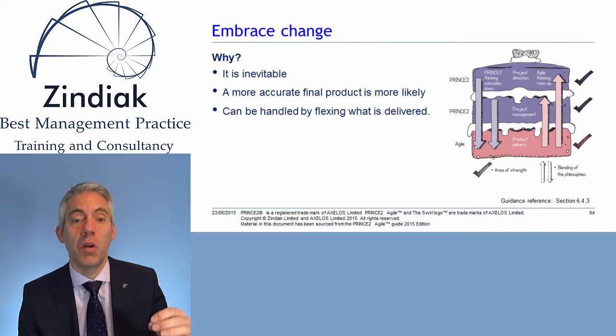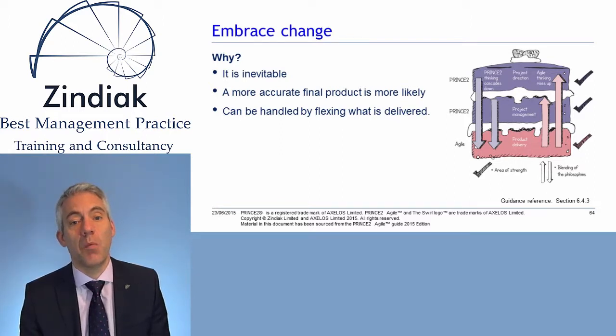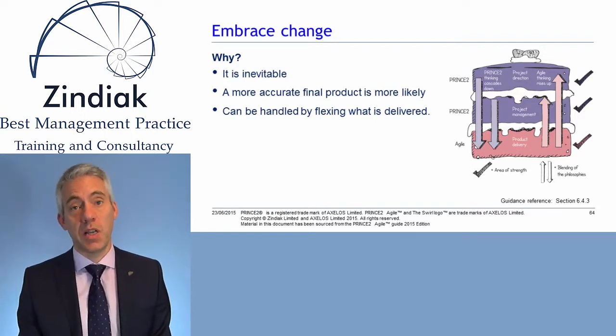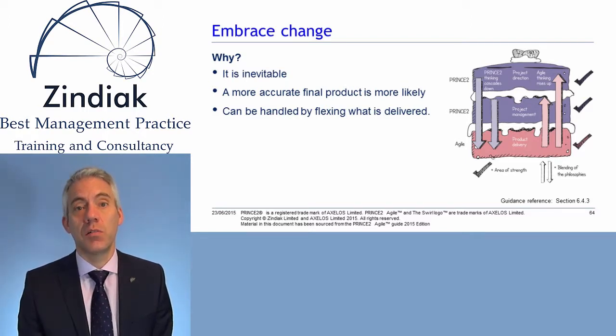But what we deliver at the end is a more accurate final product in terms of user requirements and business benefit. And we achieve that by flexing what is delivered, but potentially within a fixed time and cost. We can flex the scope, we can flex the benefits and so on.